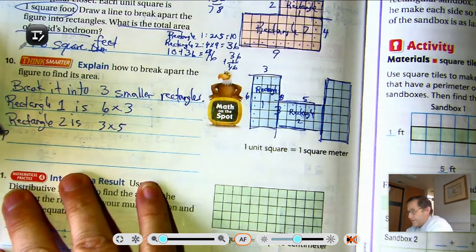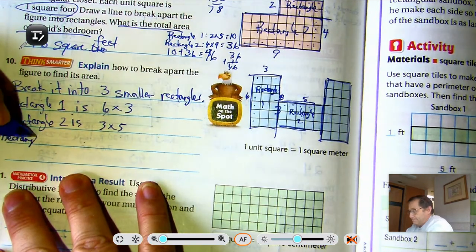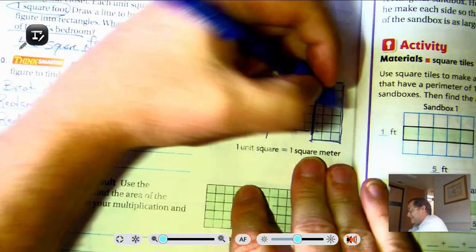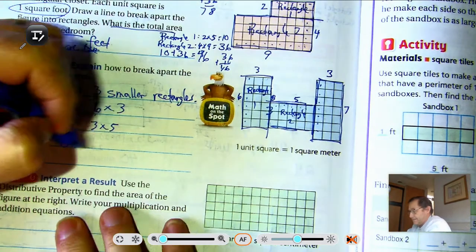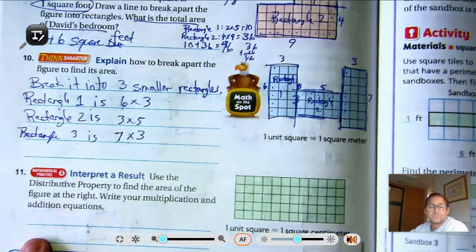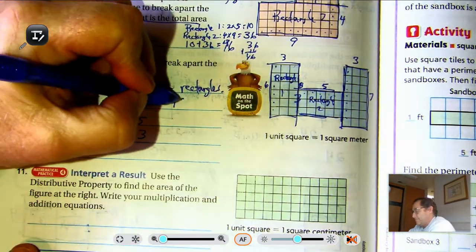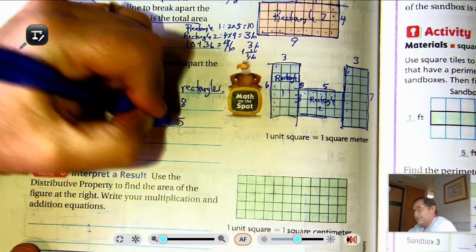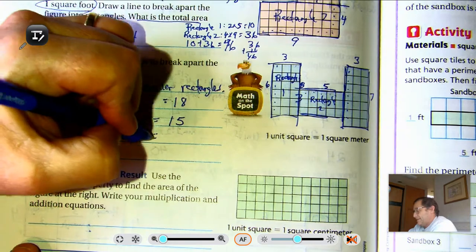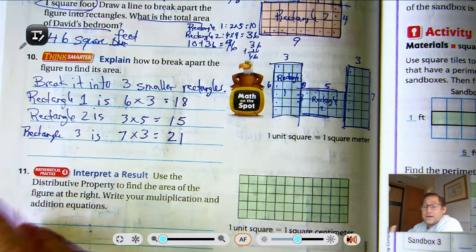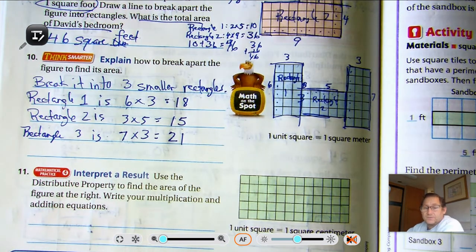And rectangle 3 is 1, 2, 3, 4, 5, 6, 7 rows of 3. 7 times 3. So 6 times 3 is 18. 3 sets of 5 is 15. And 7 times 3 is 21. Okay, that is how easy it should be to multiply. Those basic math facts. Just 7 times 3 is 21.